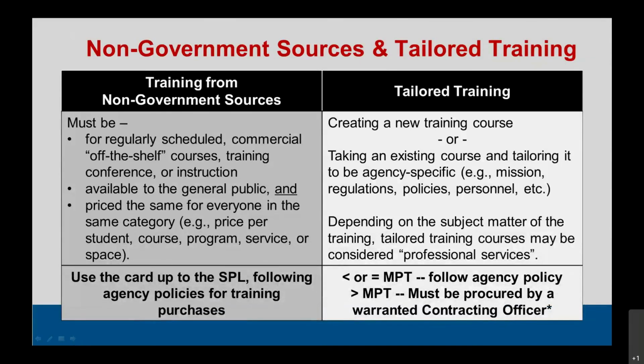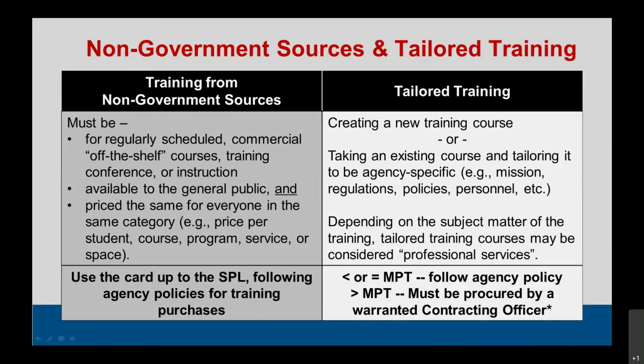Training can be obtained from different sources, government and non-government, and you can see if it's from non-government on the left-hand side, what the parameters are for that. While some agencies allow the purchase of tailored training up to the micro purchase threshold, others require that tailored training be procured by a warranted contracting officer. Sometimes it depends on the subject matter of the training, sometimes it doesn't, sometimes it depends on if it has a scope of work or does not.